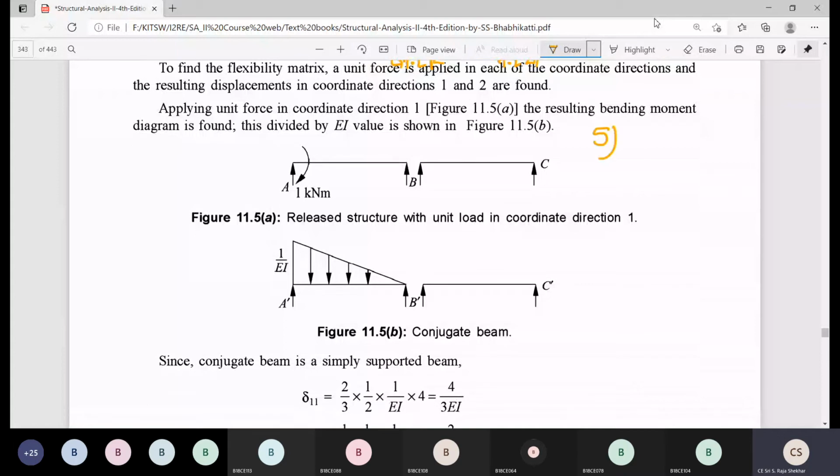Step 5, we need to form the flexibility matrix. That is delta 1 1, delta 1 2, delta 2 1, delta 2 2. So this matrix we need to form. What is meant by delta 1 1?